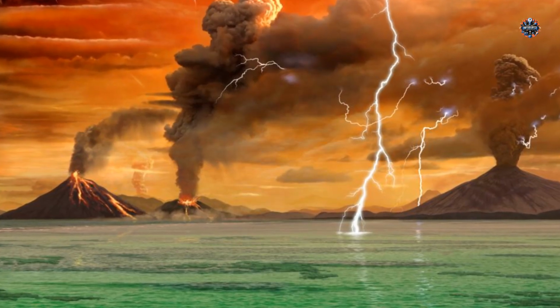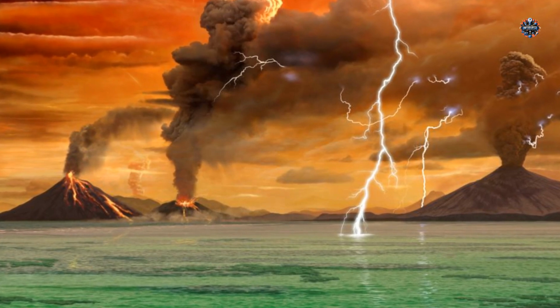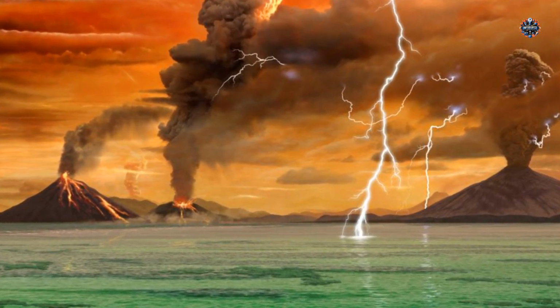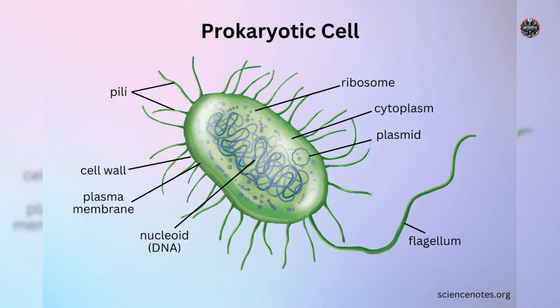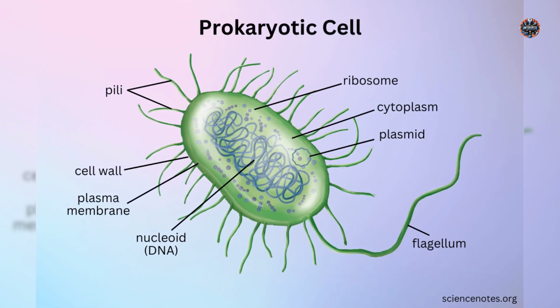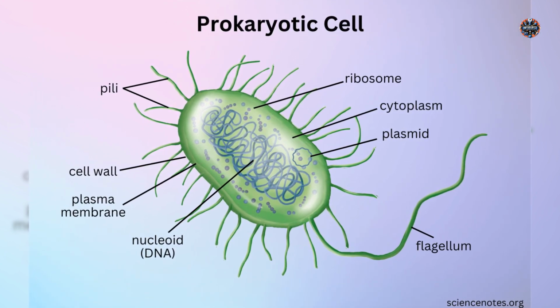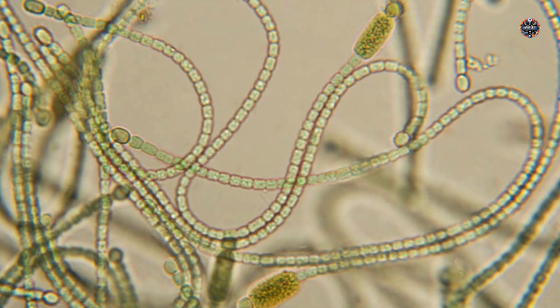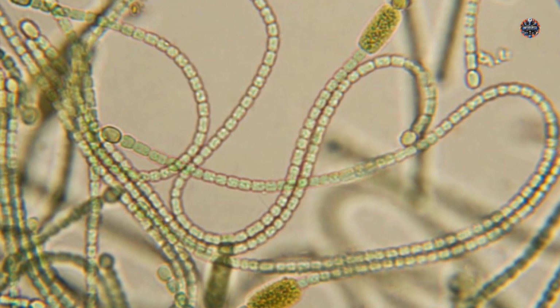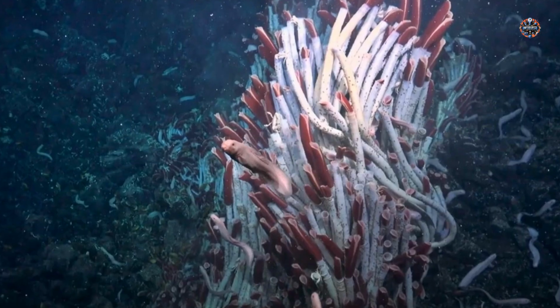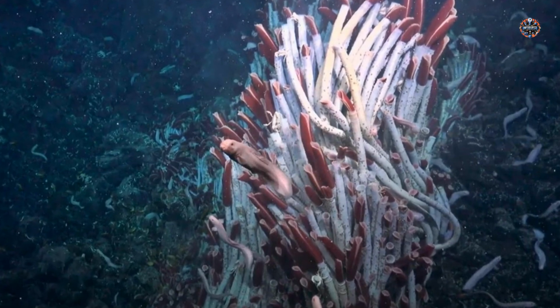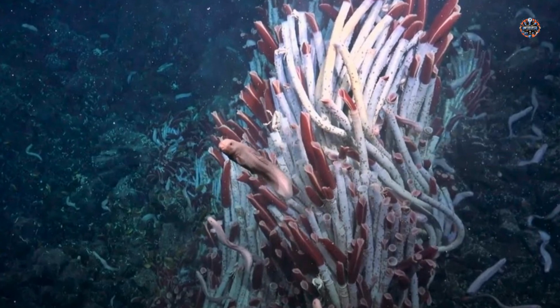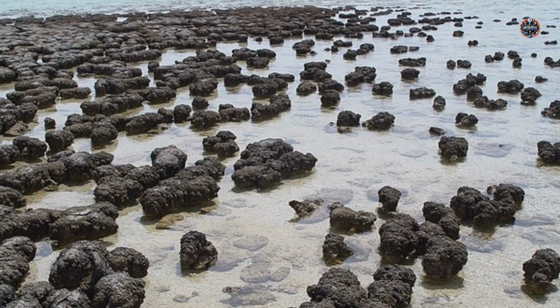Moving into the Archean Eon, from 4 billion to 2.5 billion years ago, life began to make its first appearance. The earliest known fossils, dating back over 3 billion years, are of simple, single-celled organisms called prokaryotes, including bacteria and cyanobacteria. These organisms were incredibly resilient, thriving in harsh environments like hydrothermal vents and shallow, warm seas.